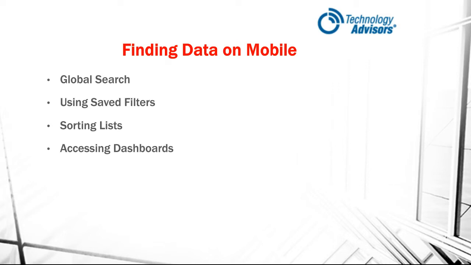Sugar actually recently made a change to have the exact same underlying technology driving global search on mobile as drives search when you're using the main web application. So you should get the exact same results whether you're searching in global search at your computer or on your mobile device.